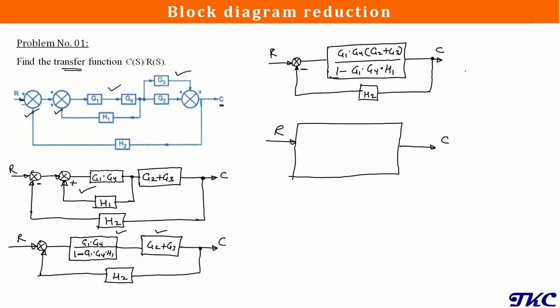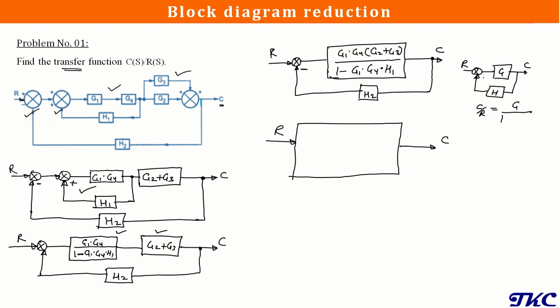Let's revise rule number 8. If we are having a summing point, we are having block say G, and we will be having an output, and then it will be sensed by a feedback signal. If we are having a minor feedback loop of this nature, its closed loop transfer function will be C by R is equal to G upon 1.